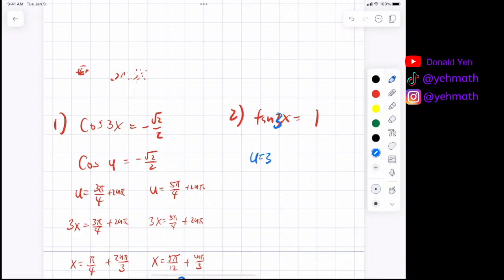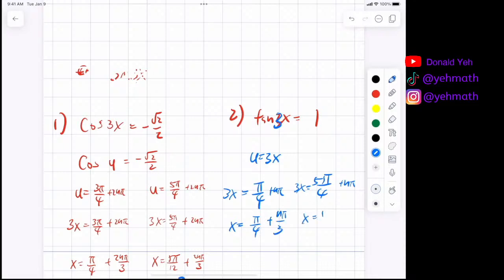So u equal to 3x. So tangent equal to 1 is pi over 4, right? And 5 pi over 4. Now this is equal to 3x, and this is equal to 3x. I'm gonna plus m pi here because this is tangent. So x equal to pi over 4 plus m pi over 3.